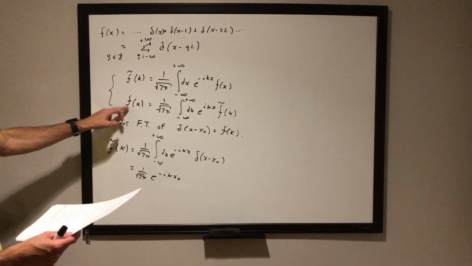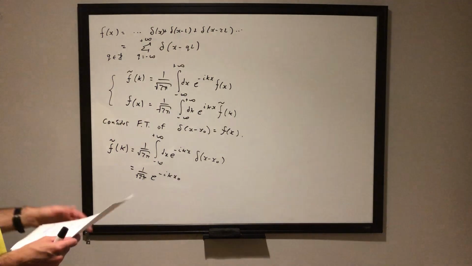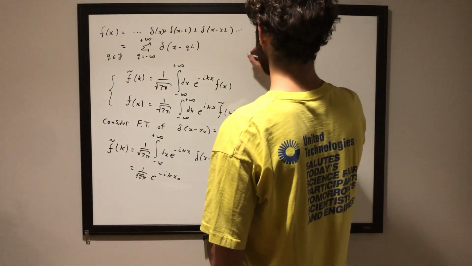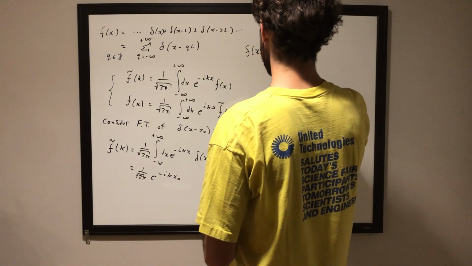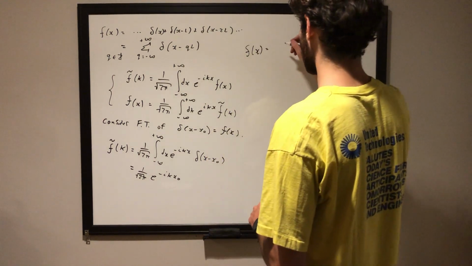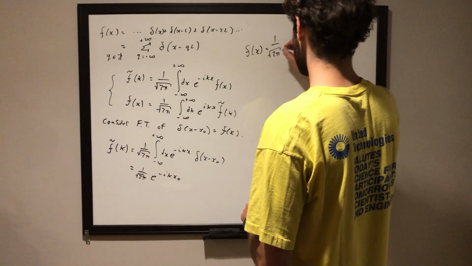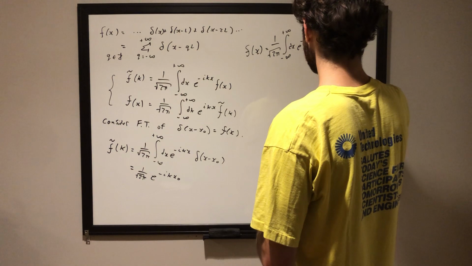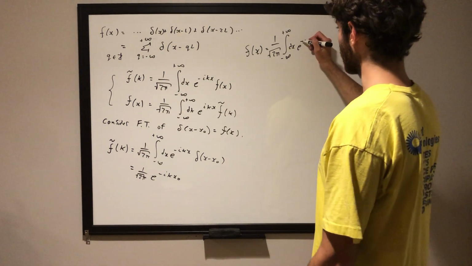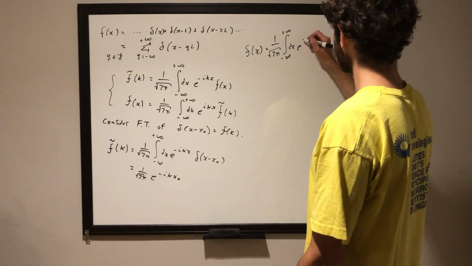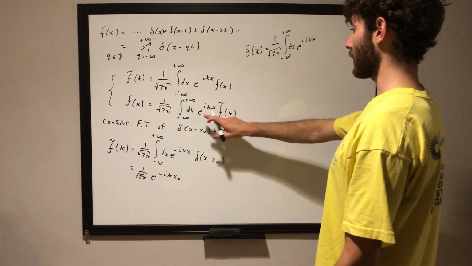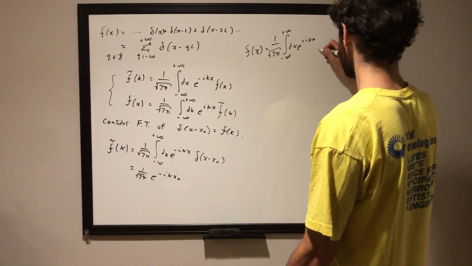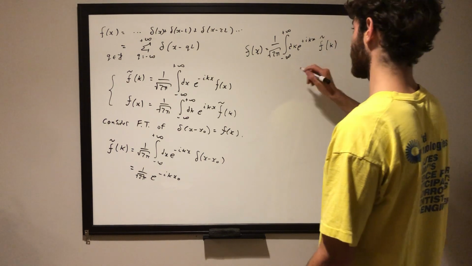Let's just go ahead and compute the inverse relation to get back f of x and see what happens. If we proceed, we have f of x, just following the formula straightforwardly. Sorry, we're looking now here, so I need this to be plus i k x, and I should be integrating over k, and then the Fourier transform goes inside the integrand.